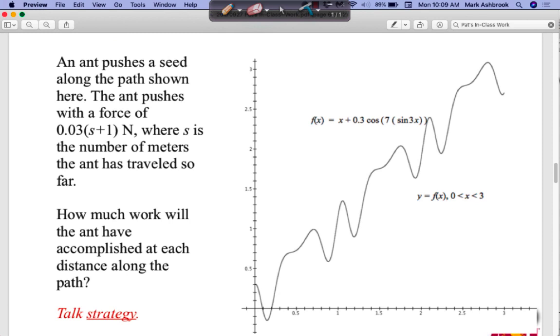Maybe the ant is pushing a seed, and the seed is gathering dust or some kind of residue. So the seed is getting heavier, and then the ant has to push harder. So as distance increases, the force increases.